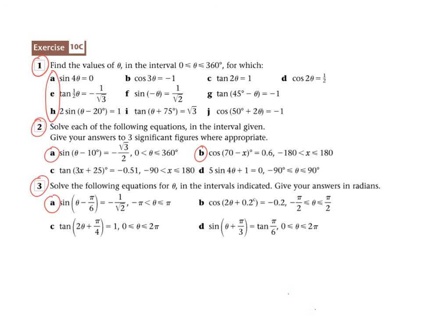Notice the interval. The interval in the first one is in degrees, so you're working in degree mode on your calculator. However, if you look further down, you'll find for question 3 that you are actually working in radians because your interval has been given, but you've also got minus angles as well. So you're looking for from 0, pi by 2 to pi, working in that direction, but you're also trying to work in this direction, which is minus pi by 2 and minus pi.